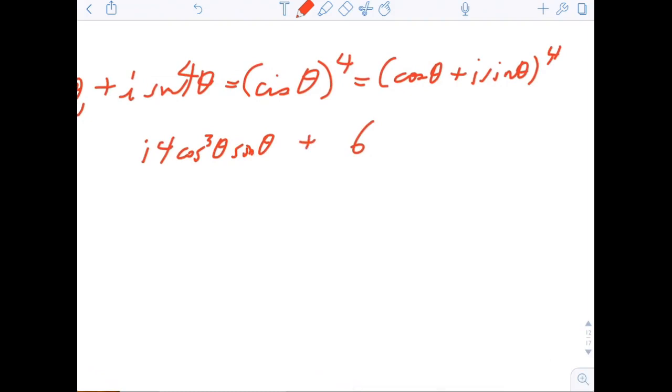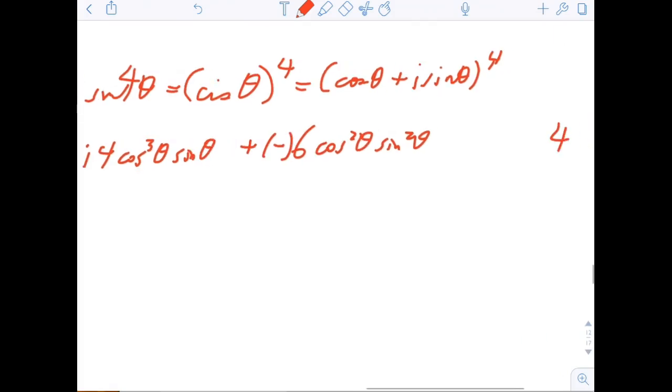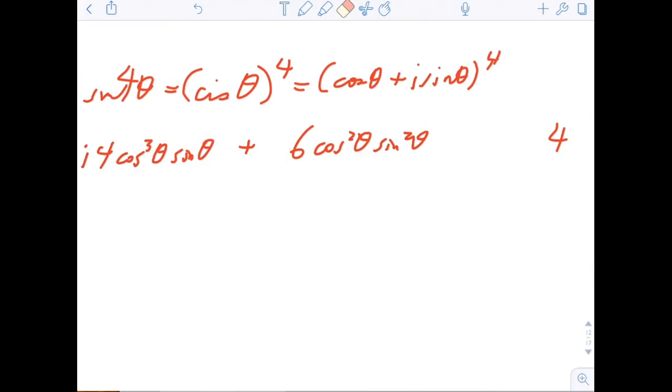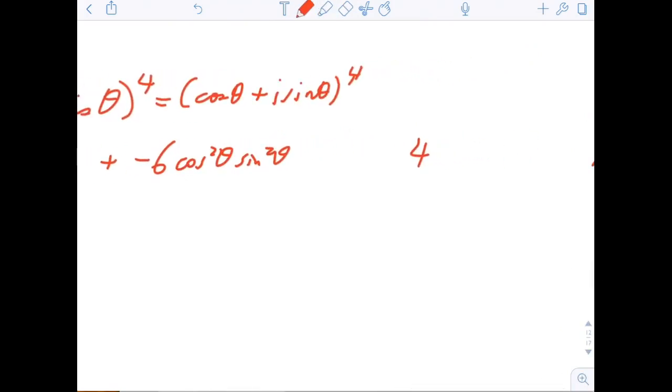And this would be 6 cosine squared theta sine squared theta, and there would be i squared, which would be minus 1. We don't need that, we'll just put the minus. And then we have 4 cosine theta sine cubed theta, which would be a minus 1 times i, which would be a negative i.